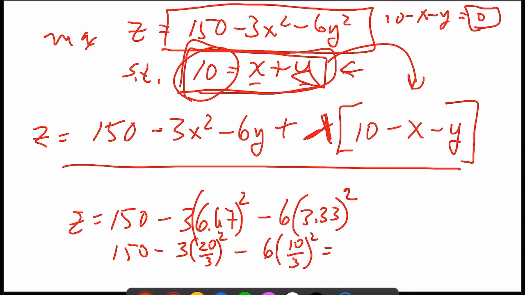And if we work that out, that's 150 minus 400 over 3 minus 100 over 3.